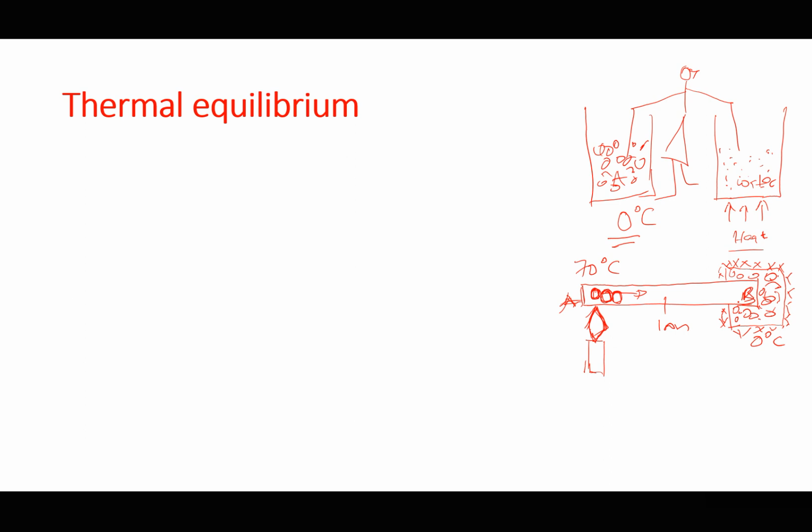When the two points that bring about a change in temperature are removed, after a certain period of time, we shall see that the temperature at end A is the same as the temperature at end B. At this point, we say that thermal equilibrium has been established.